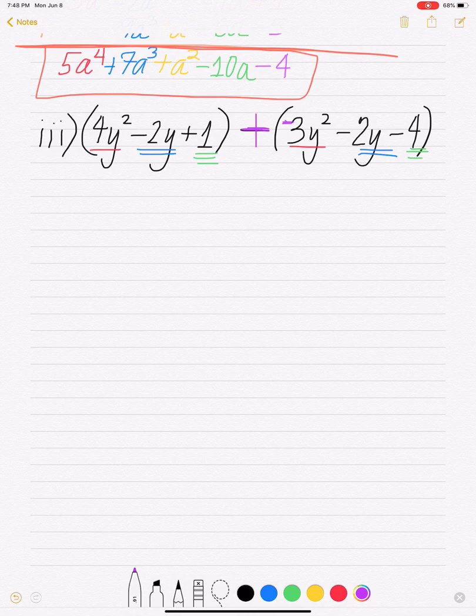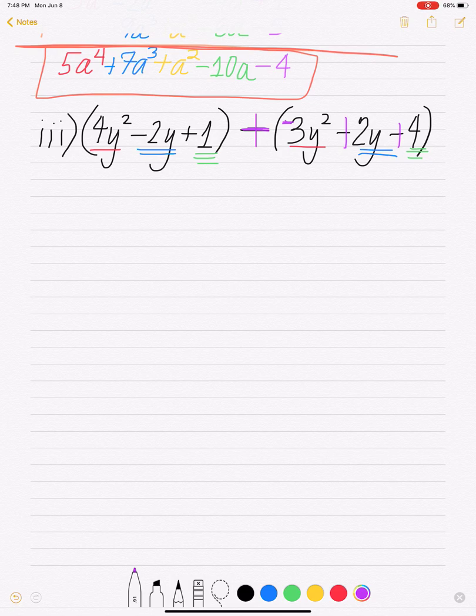I'm going to change the sign on the minus 2y. It's going to become a plus. I'm going to change the sign on the minus 4. It's going to become a plus. So that's a nice, easy tool to use. You change the minus between the two parentheses into a plus, and then you flip all the signs in the right parentheses. So basically it amounts to an addition problem like we just had earlier.